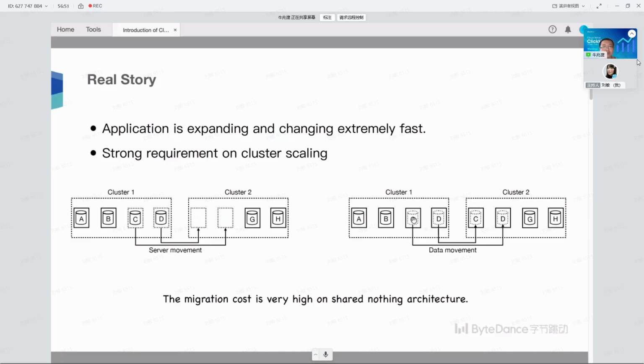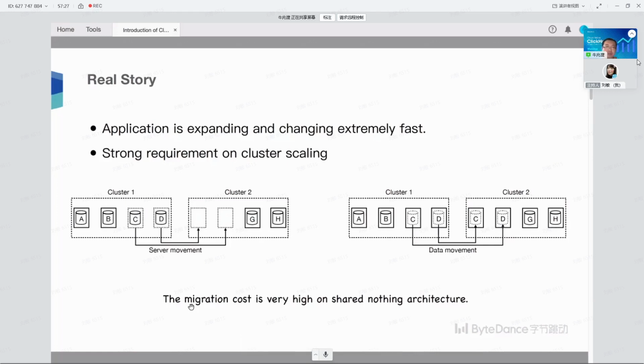For example, we want to move one application from cluster 1 to cluster 2. That means first we need to move its data, so we have to utilize some tools to do the movement from cluster 1 to cluster 2. You will notice from these two real cases that the migration cost is very high on the shared nothing architecture.